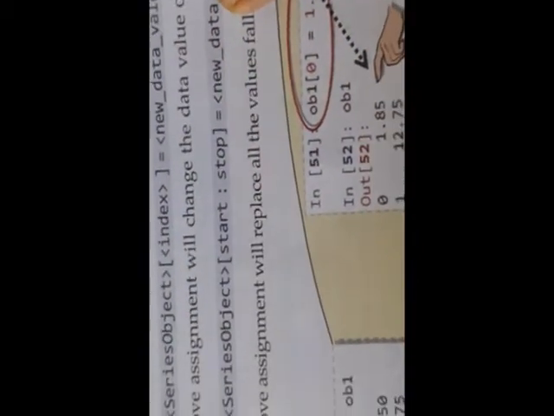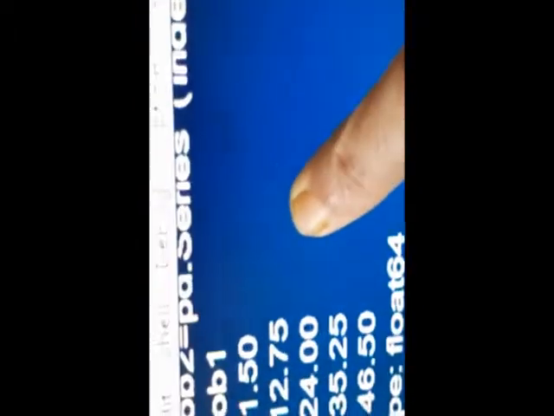Alright, now we will be seeing this one. This is OB1. I will show it on my screen also. This is OB1. Now this one, OB2, we are going to need a little later, so that one I will show you.